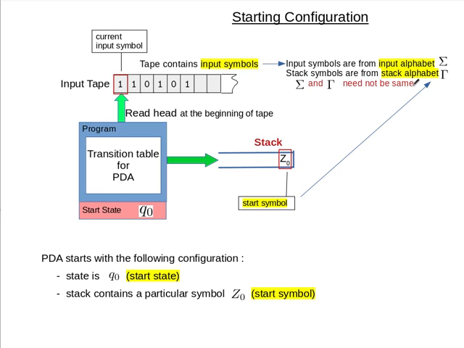This Z0 is coming from this capital gamma, the stack alphabet. So a special symbol is marked there, and your stack will contain Z0. The machine starts with this configuration, the state as Q0 and the stack containing this special start symbol Z0. This is the starting configuration, and the head is at the leftmost position.